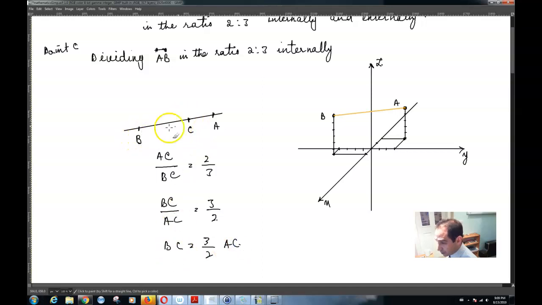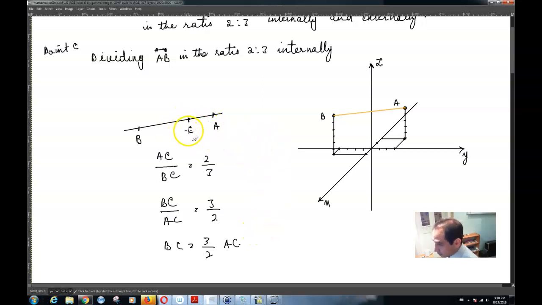That means that BC is 1.5 times AC. So 1.5 times AC would be some distance over here, although BC has to be a little bit smaller here. But you get the idea.